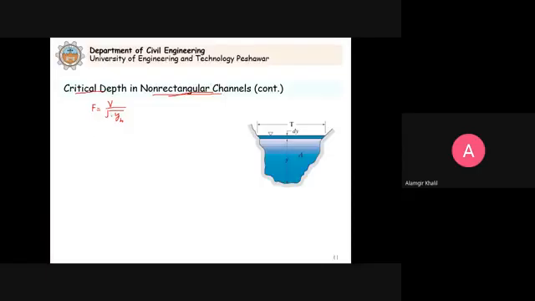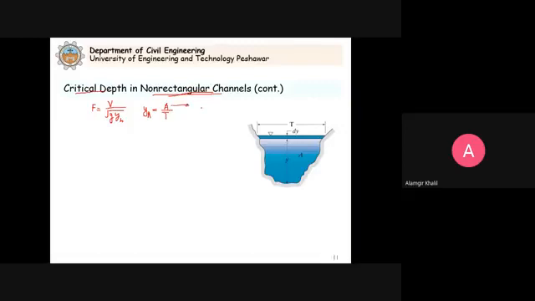Now this Yh is the hydraulic depth, which is defined as the flow area divided by the top width.